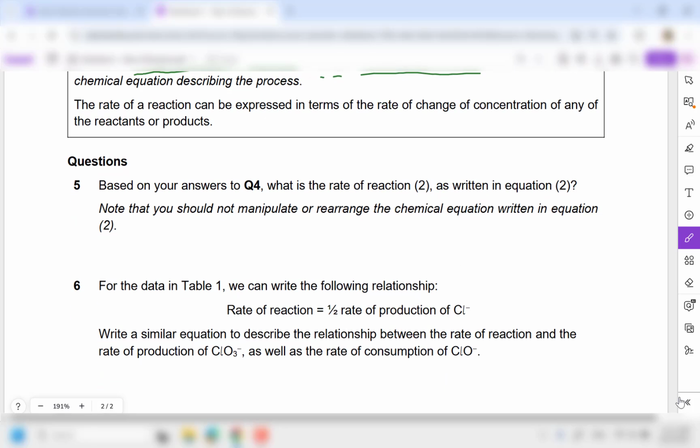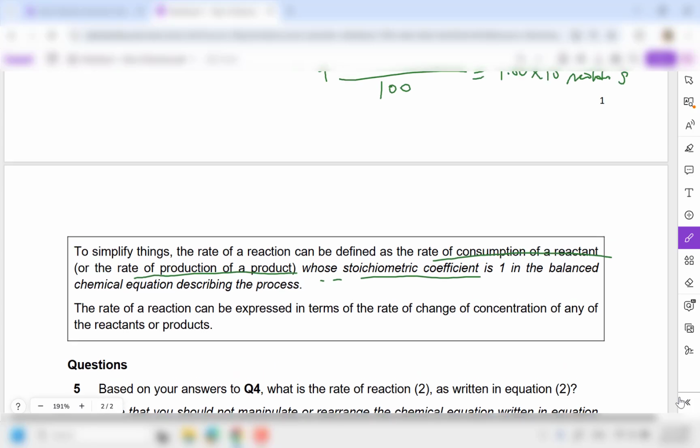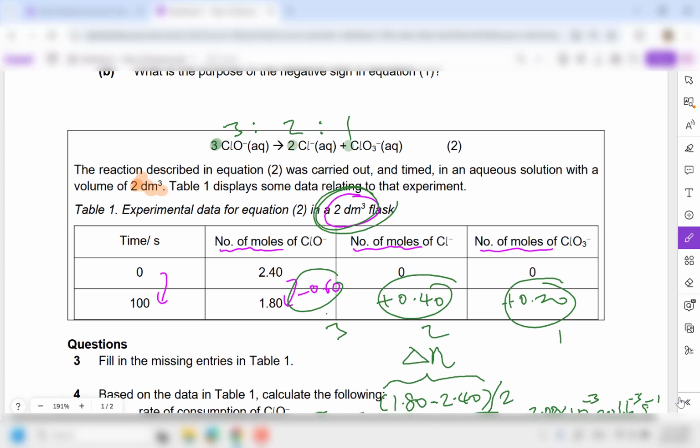Based off your answer to question 4, what is the rate of reaction of 2 as written in equation 2? Equation 2 is over here. Based on the generic statement given in the box, we should be looking at the rate of production of chlorate 5.